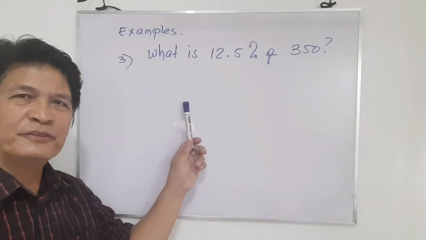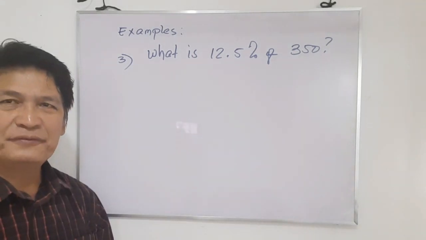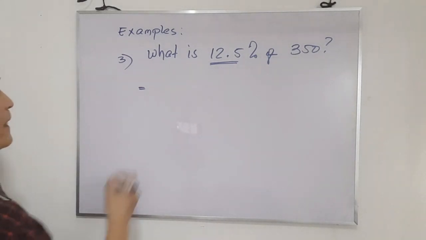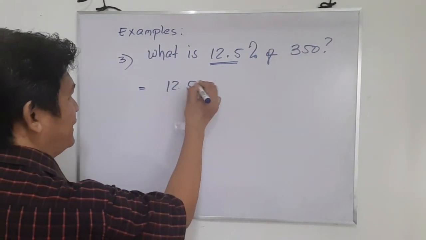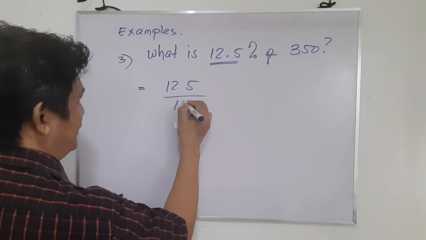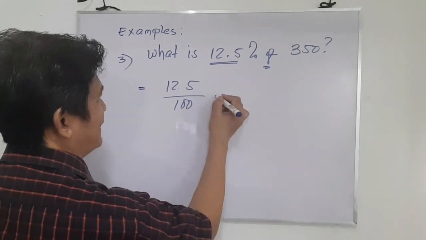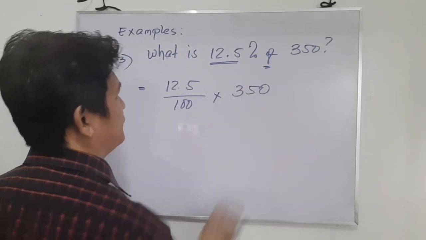What is 12.5% of 350? We convert this into a fraction that becomes 12.5 over 100. We change this into a multiplication sign times 350.